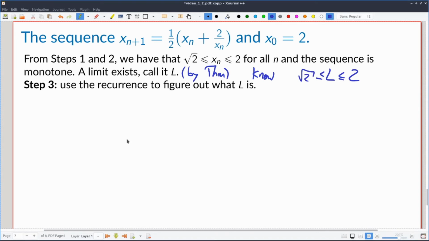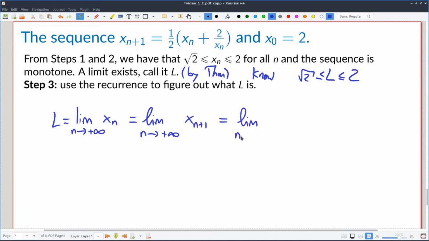Okay, so now let's go ahead and use the recurrence. So L is the limit as n goes to infinity of the xn's. But as n goes to infinity, so does n plus 1. And we can now substitute the formula we have.